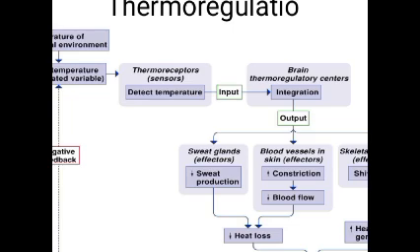Effectors: sweat glands, blood vessels in skin, skeletal muscles.